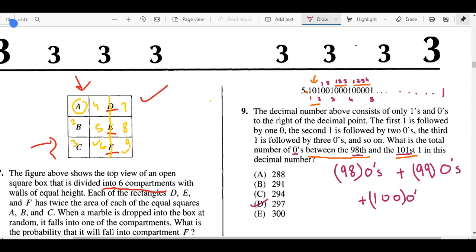The number of zeros depends on the number of the one. After the fourth one, you will get 4 zeros. So after the 98th one, you will get 98 zeros. And here you need to find till the 101st, so that would include the 98th, 99th and 100th ones. Simply add all those zeros, and you will get 297.